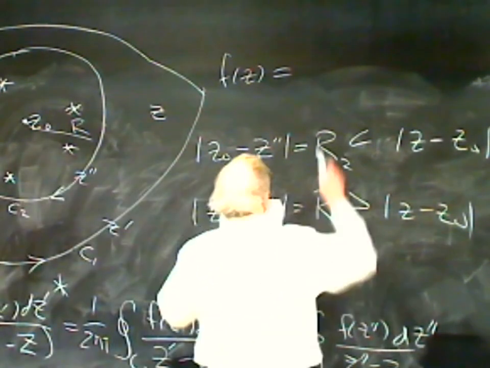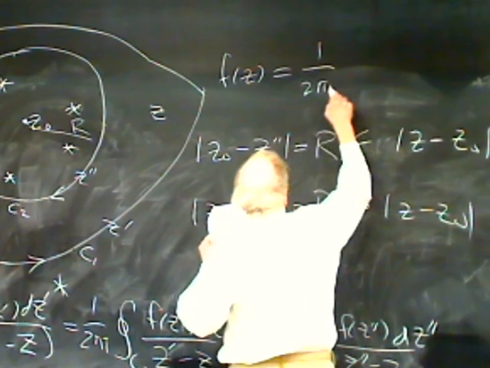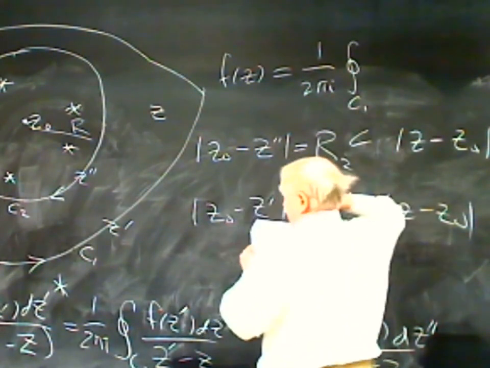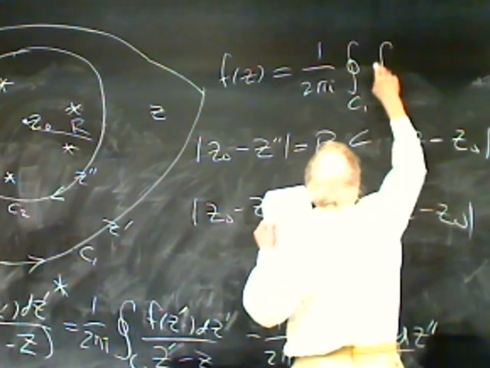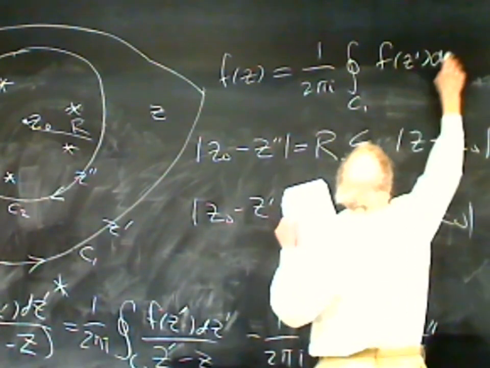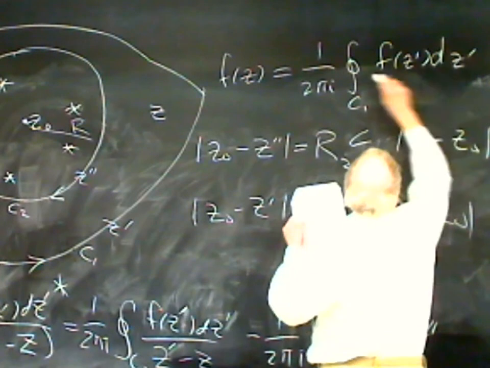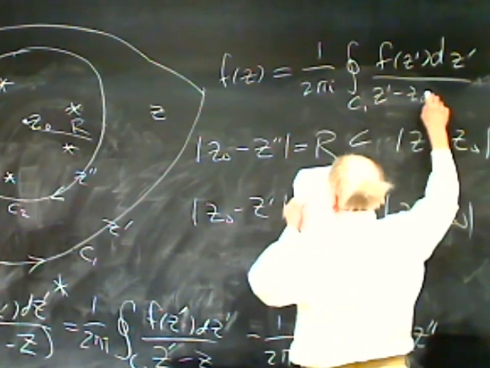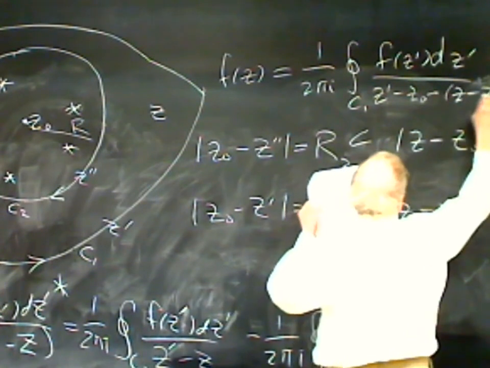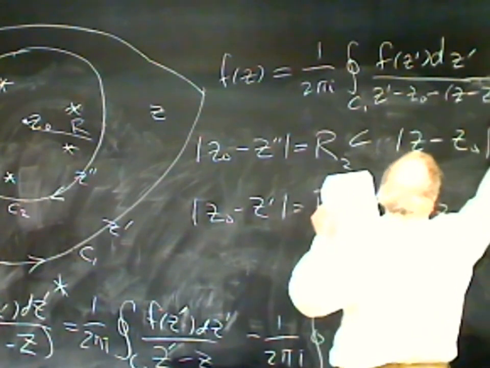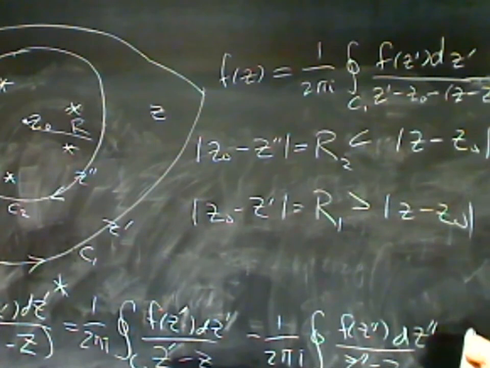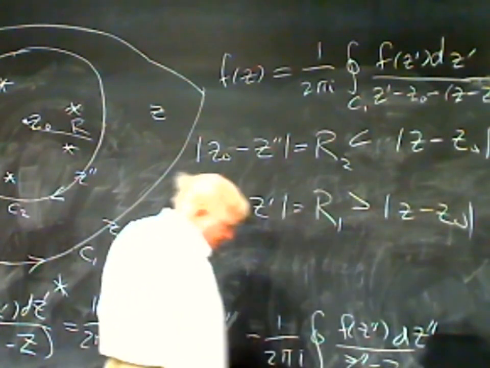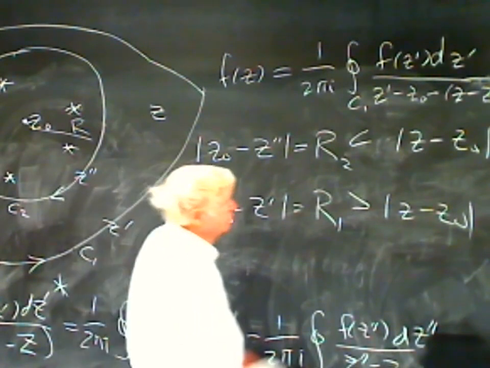And so I'm going to get 1 over 2 pi i integral around C1, this is the outer circle, f of z prime dz prime over z prime minus z0 minus z minus z0. And then the second one, first of all, we're going to absorb this minus sign into the denominator so that it's z minus z double prime.